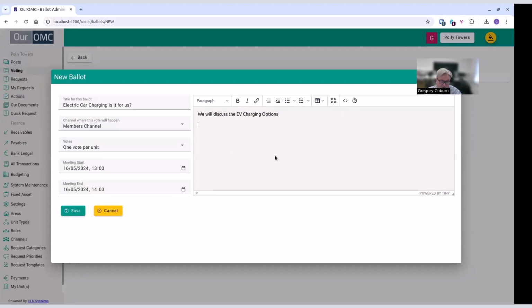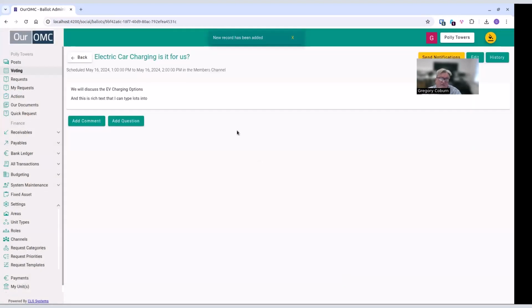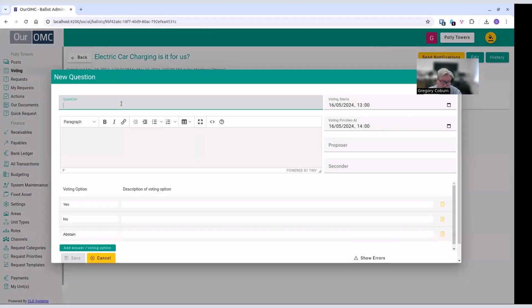And this is rich text that I can type lots into. So we can add a question in there. So, do we want someone to provide chargers for us as a managed service?